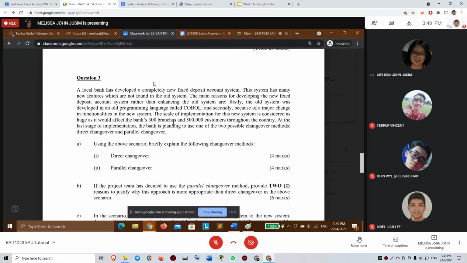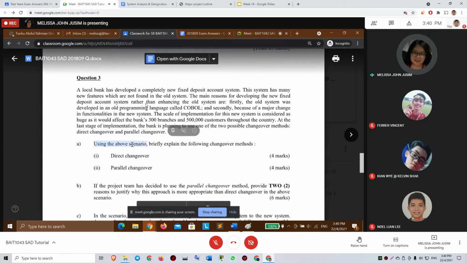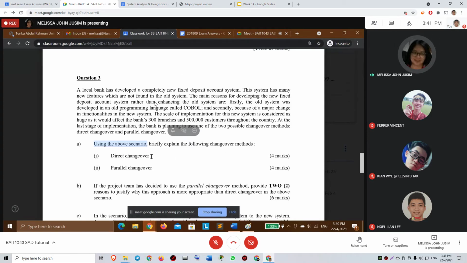Okay, sorry. So briefly, look here. Using the above scenario, explain the changeover method, direct changeover. So what is the old system? Using COBOL. Wow, a bank using direct changeover, unbelievable.